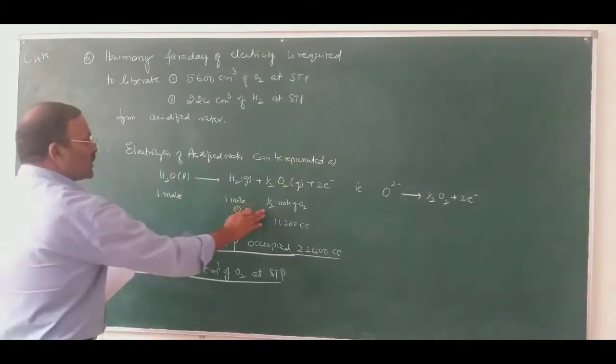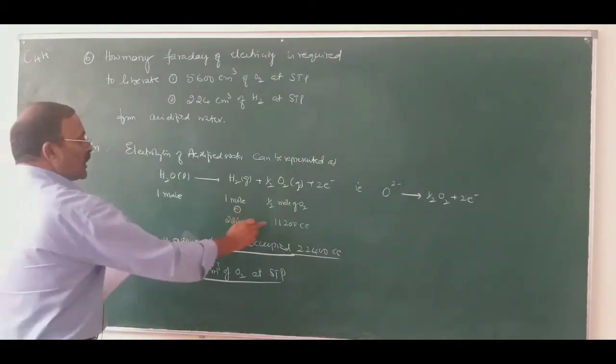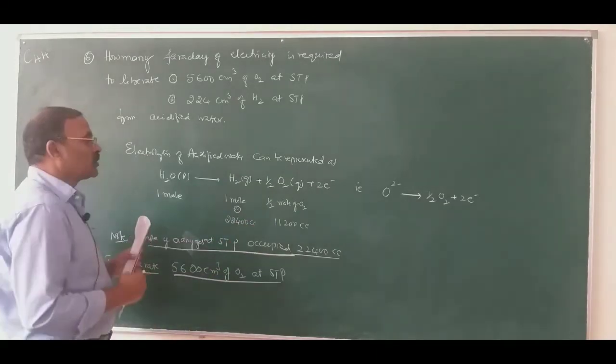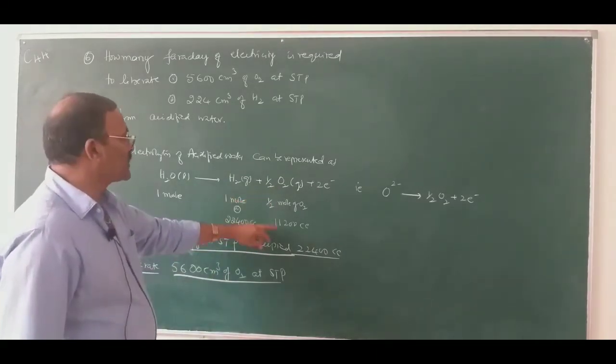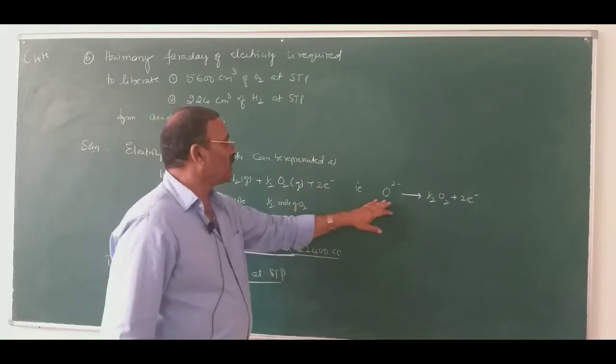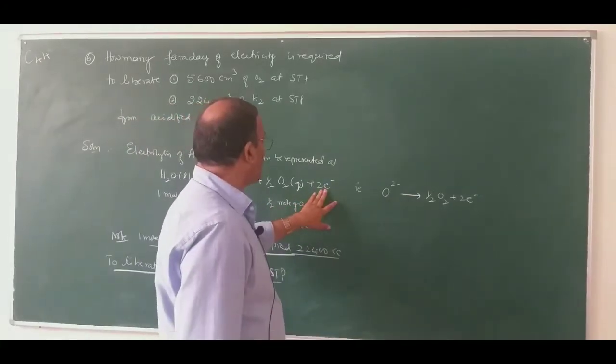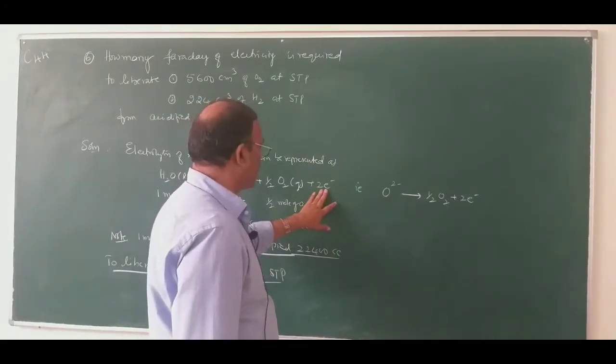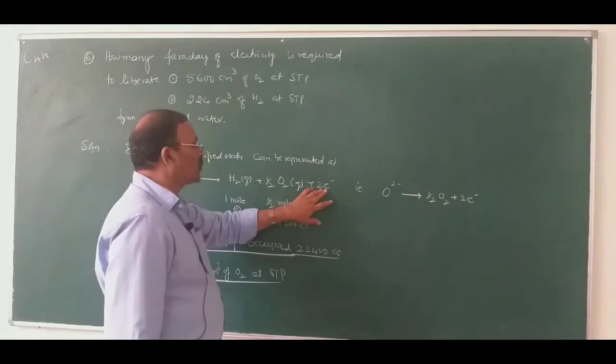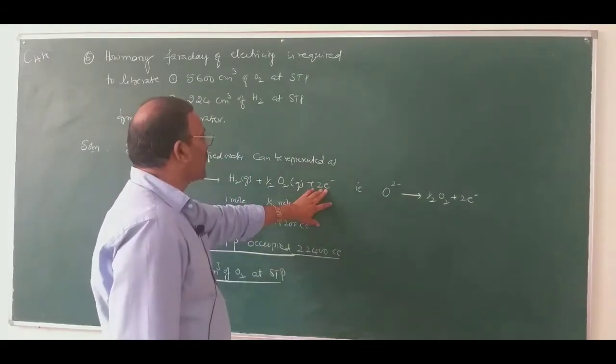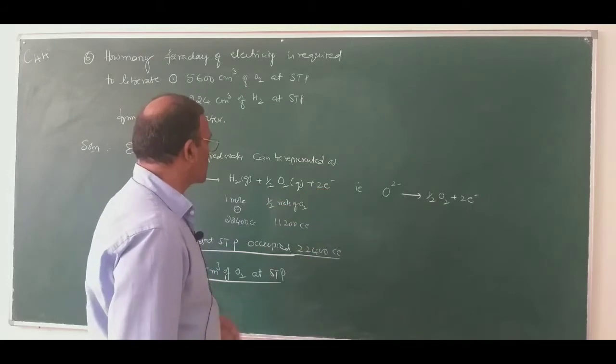So by this equation we know to liberate 11,200 cc of oxygen at STP, the amount of current required is 2 Faraday. So here there are 2 moles of electrons, that means 2 Faraday of electricity.